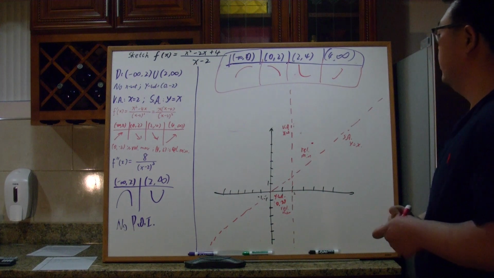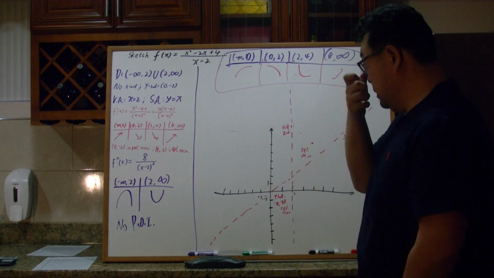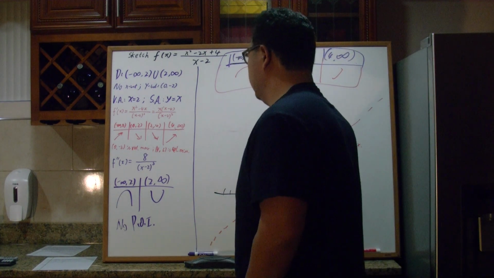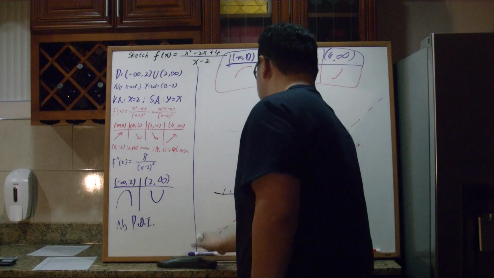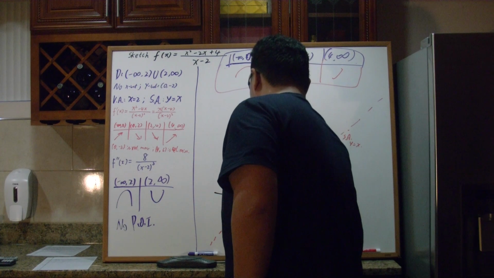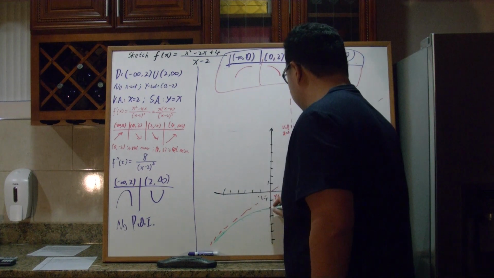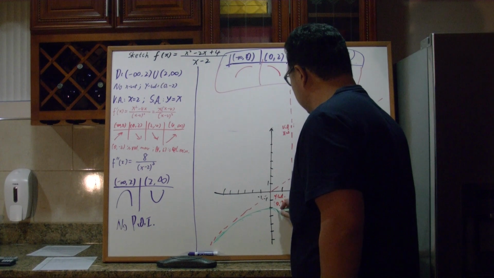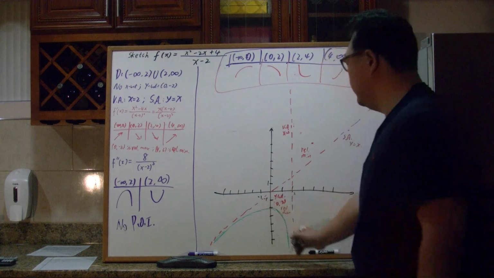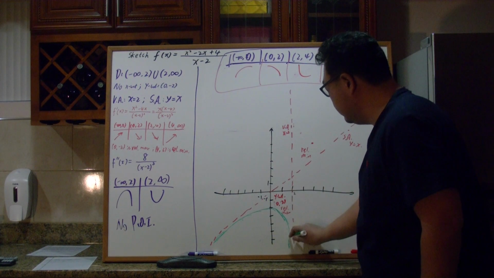It looks like we need more space. To draw that, the first piece all the way to 0 is increase and concave down, and we have the slant asymptote, so we approach the asymptote but do not touch it. On the right side we have the vertical asymptote, but it's decrease and concave down, so we approach the asymptotes.